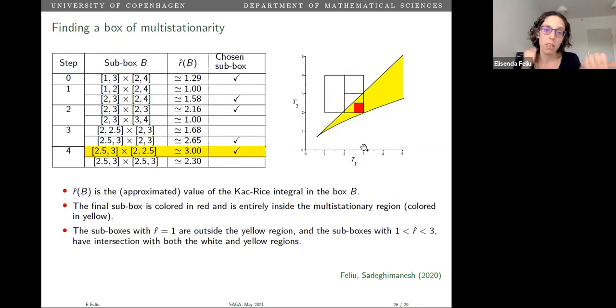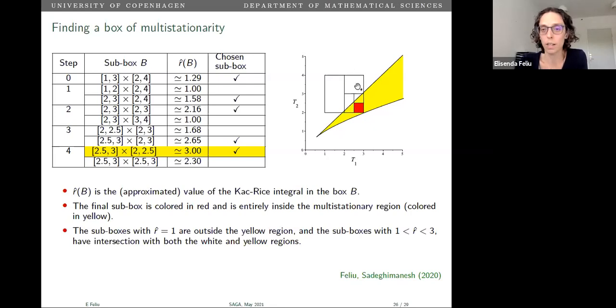And the second thing one can do is what I said before. Let's imagine I'm given this box and I want to know: does it contain any subbox where all points have multistationarity? You can do that by bisecting. You compute this average number for this and for this, and you see that for this one it's higher.